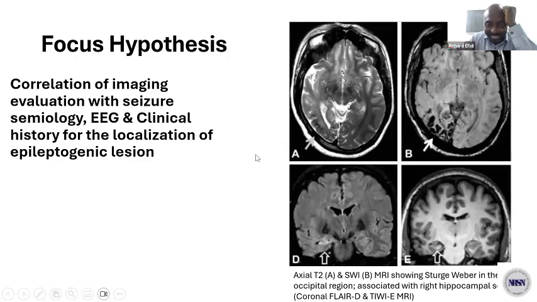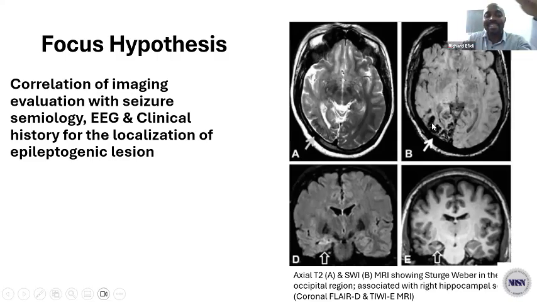So in this case, for instance, if we are not using the focus hypothesis, we came across this case of Sturge-Weber syndrome, which was characterized by cortical lesions in the right occipital lobe. This lesion is potentially a cause of epilepsy. However, in this case, the seizure semiology and EEG might have localized the seizure focus elsewhere and not here.